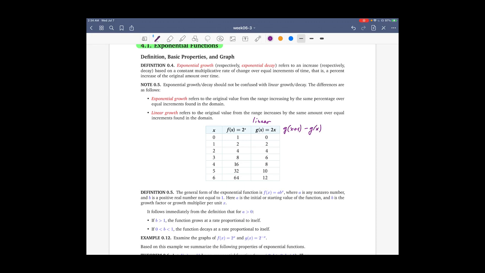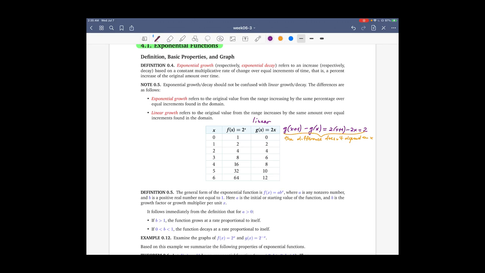And indeed, I can confirm this by a simple computation. g at x plus 1 is 2 times x plus 1, and g at x is 2x. When I do the computation, that's going to be 2. The important thing here is that the difference doesn't depend on x.